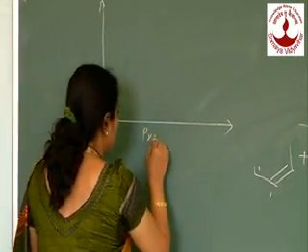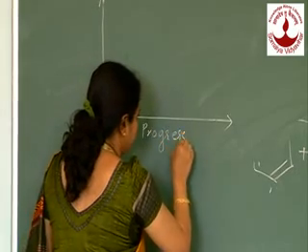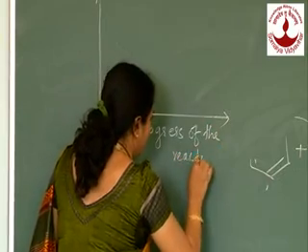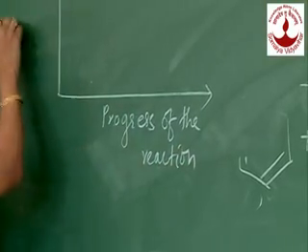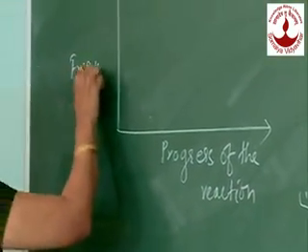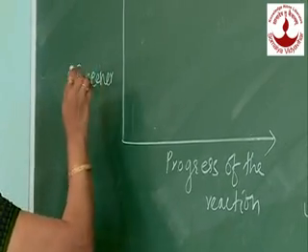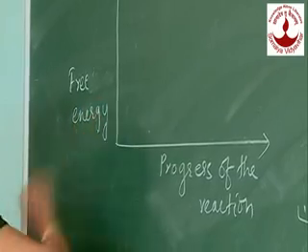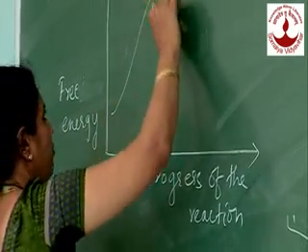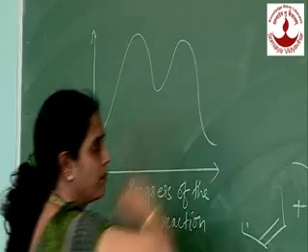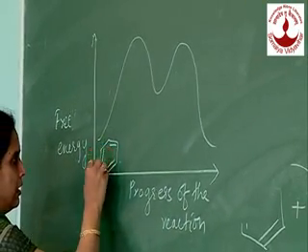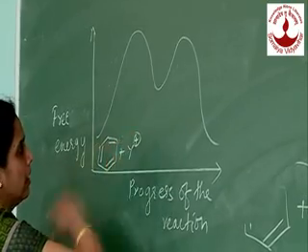This can be very easily explained by the energy profile diagram or the reaction coordinate diagram, wherein we plot the progress of the reaction versus the free energy. The energy profile diagram looks something like this. Here you start with benzene and the electrophile.